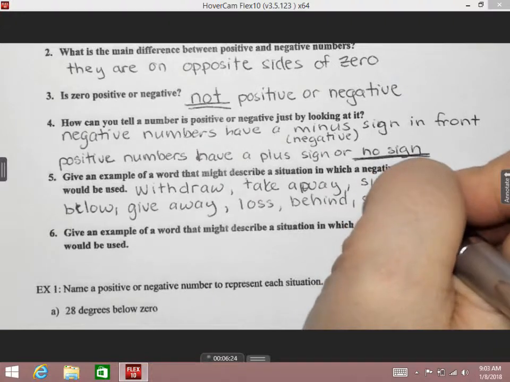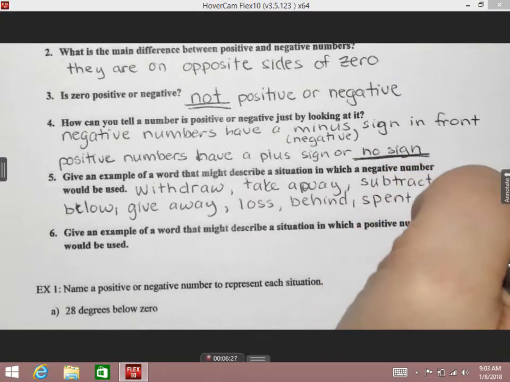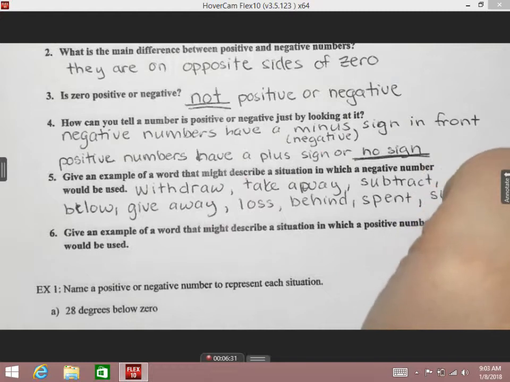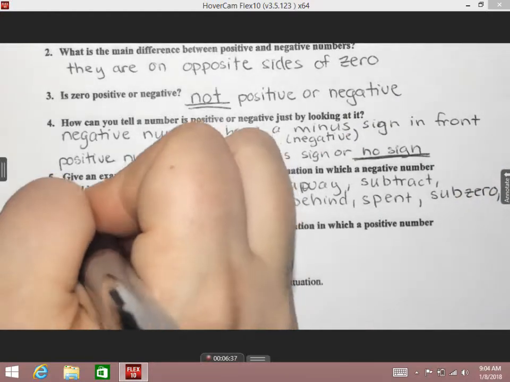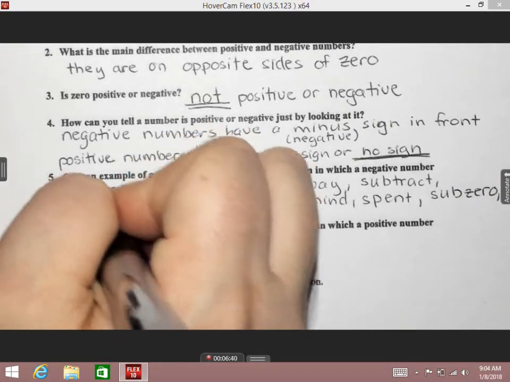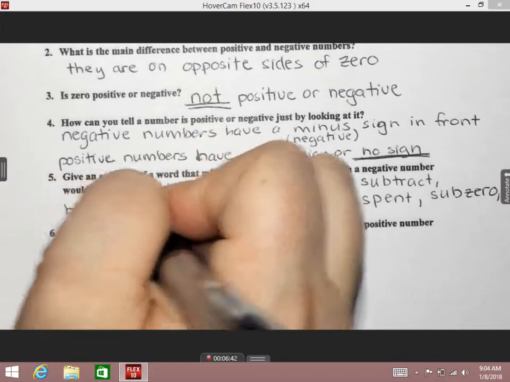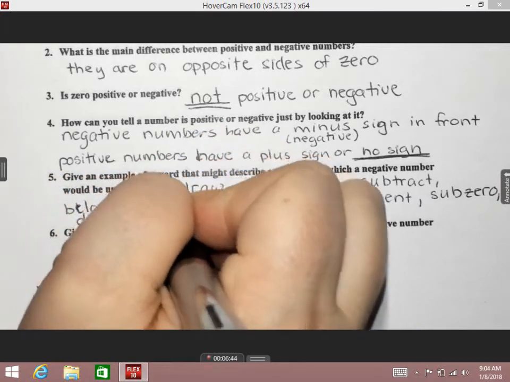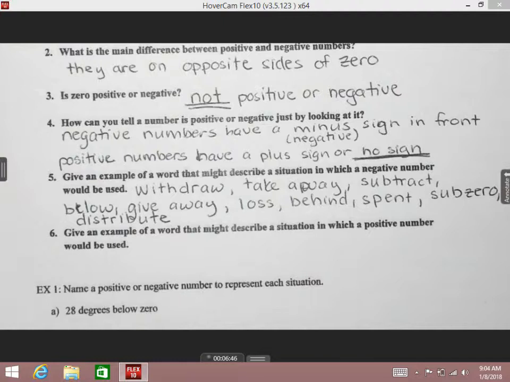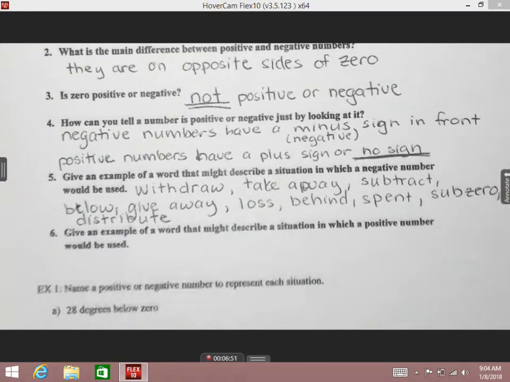Spent. Sub-zero was one that they came up with. We saw that on one of our homeworks. Distribute was another one that we had seen on a homework. Remember, what does distribute mean you're doing? Like when that person distributed cupcakes, you're giving them away, passing them out. Okay? All right, I think that's a really good list. That's a lot of words that we just listed out.